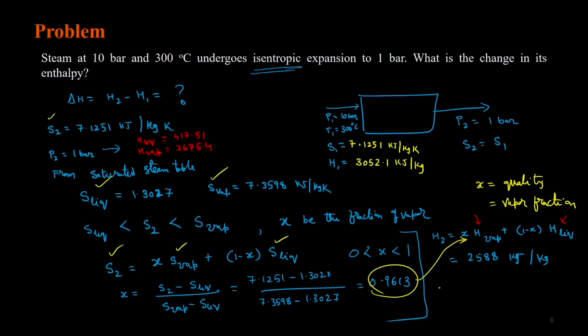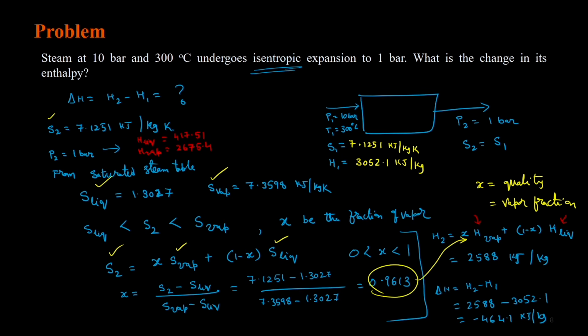And finally, delta H is going to be H2 minus H1. I already know H1, so 2588 minus 3052.1. That will be delta H, which is going to be minus 464.1 kilojoule per kg. So the value for change in enthalpy is negative 464 kilojoule per kg.